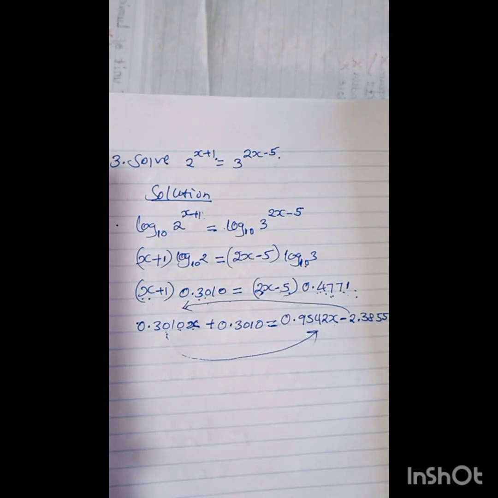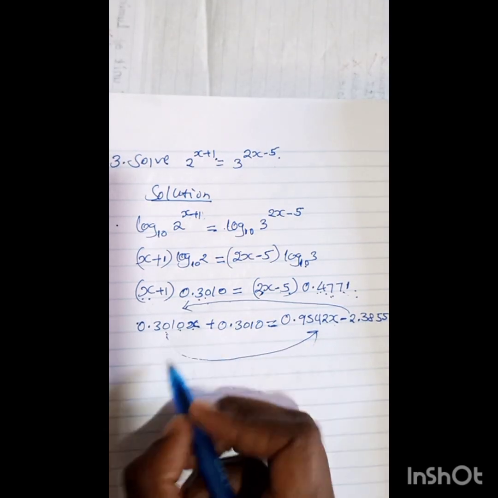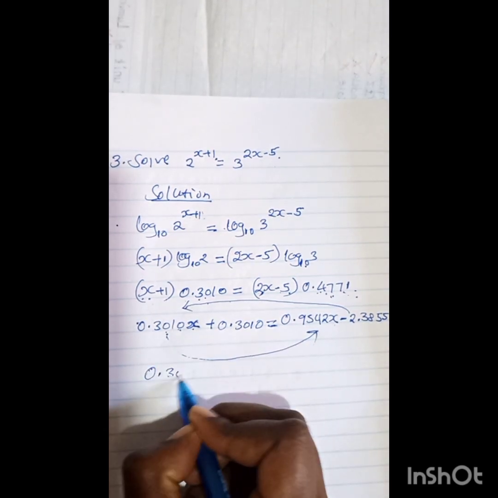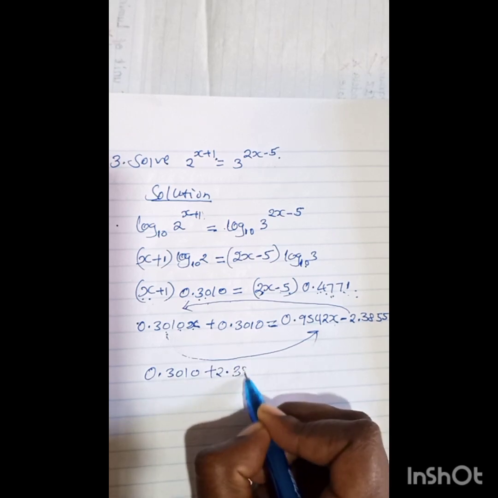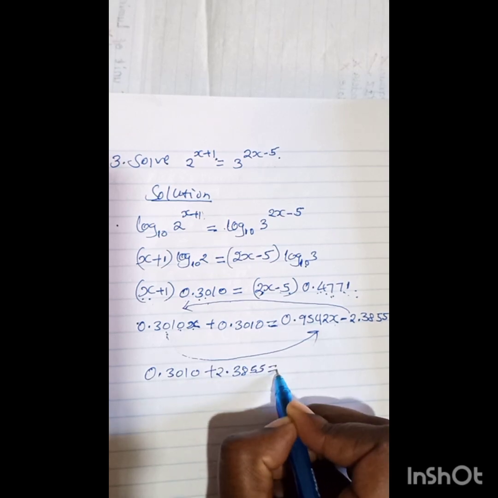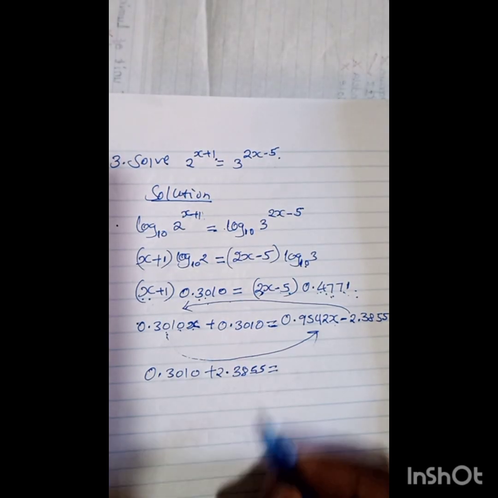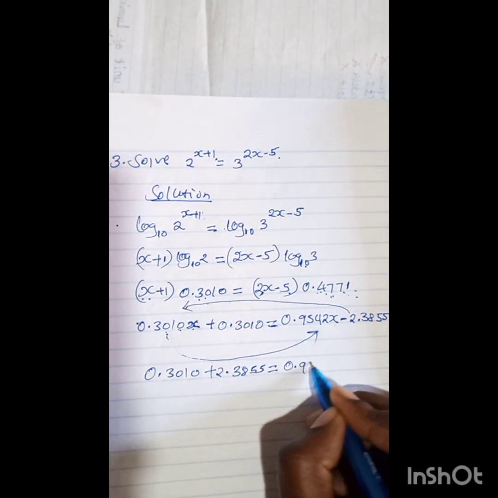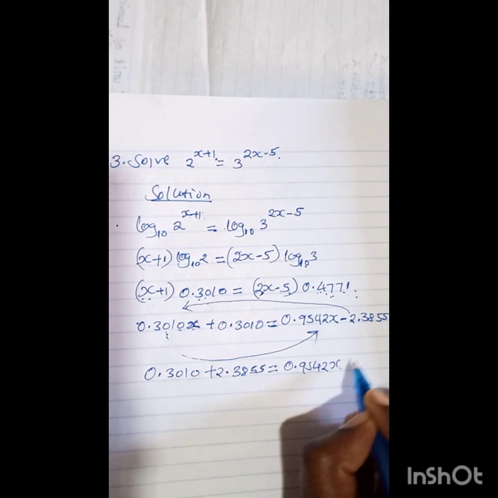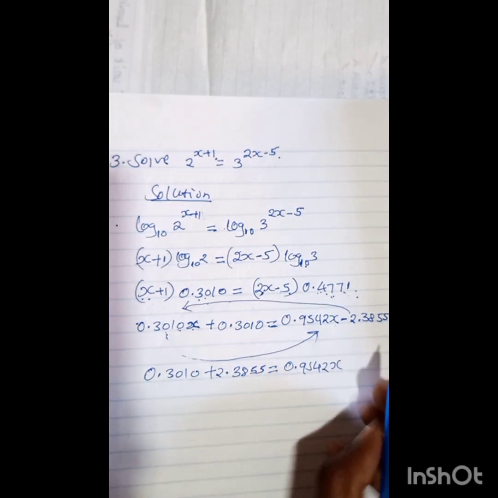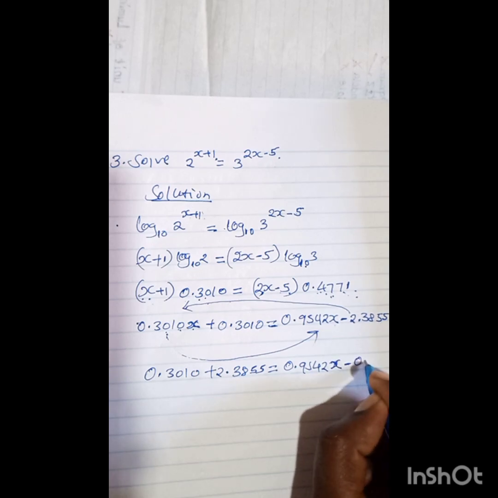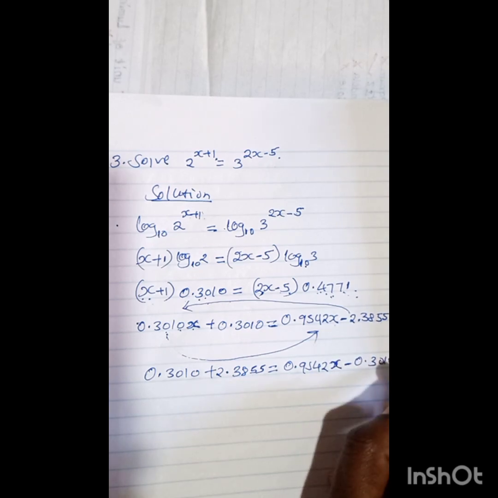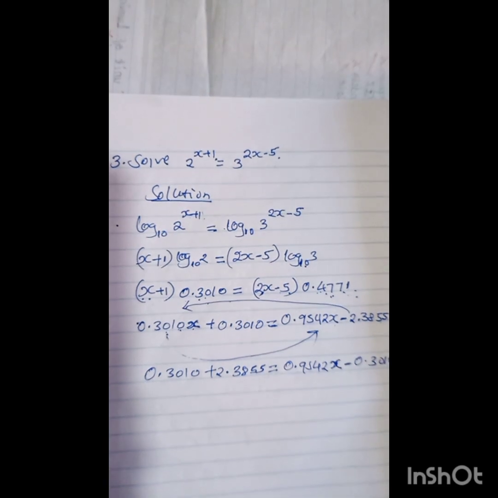I'll do that so that on this side I'll have 0.3010 plus 2.3855 is equals to, I'll have 0.9542x, and then I bring this on the other side, it becomes minus. So I'll have minus 0.3010x. We have that.